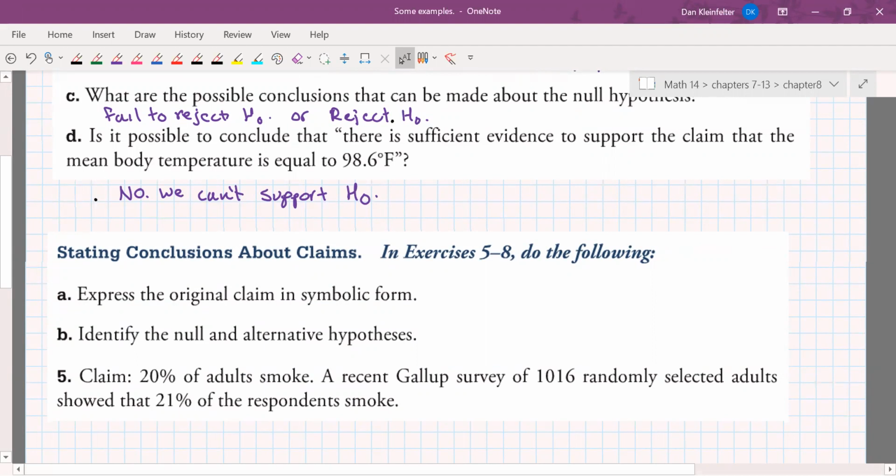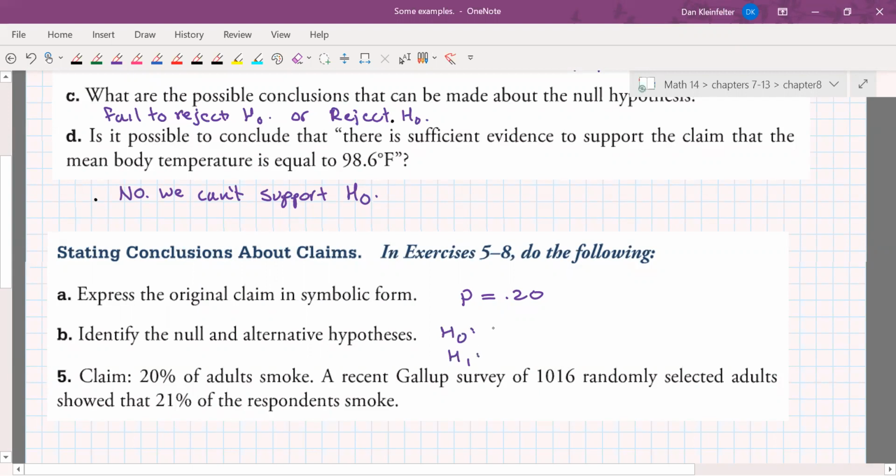For number 5, the claim is that 20% of adults smoke. A recent Gallup survey of 1,016 randomly selected adults showed that 21% of respondents smoke. Express the original claim in symbolic form. I would say that p is equal to 0.20. That's a proportion, right? 20%. Identify the null and alternative hypotheses.